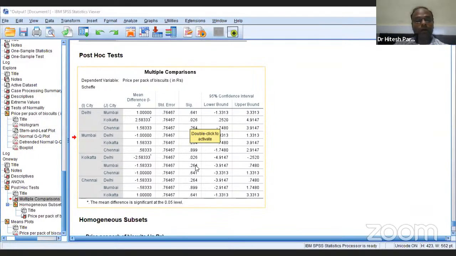Again, if we move ahead, we find a value 0.026, but it is the same pair, Delhi and Kolkata, and the rest of the p values are greater than 0.05, no significant difference, right? So though there is a significant difference in the price among the cities, only in the case of Delhi and Kolkata is the difference significant. That should be your conclusion.